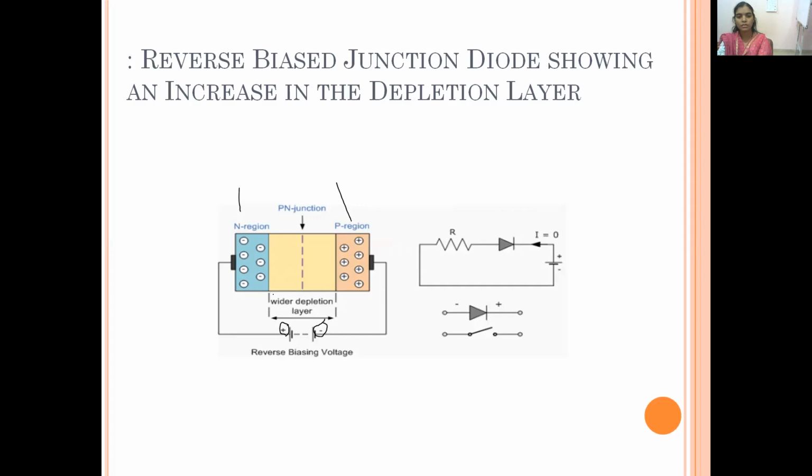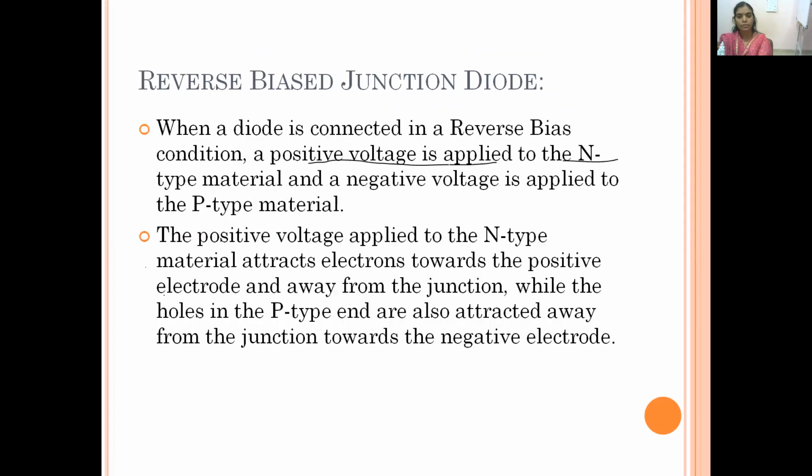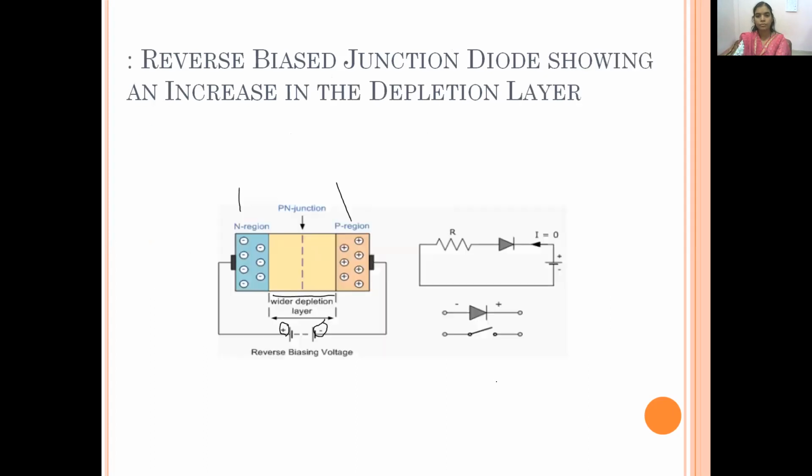Due to this, the depletion layer becomes wider, or increases. So the electrons move towards the positive electrode and away from the junction, while holes in the p-type are also attracted away from the junction toward the negative electrode. See in the diagram, that's why the depletion layer increases in reverse bias.